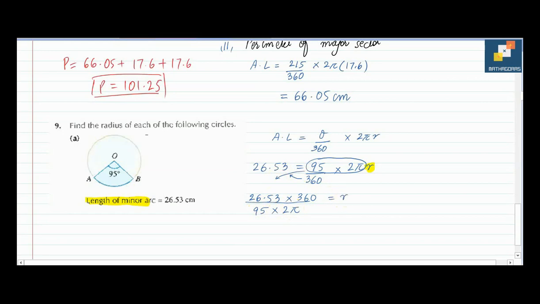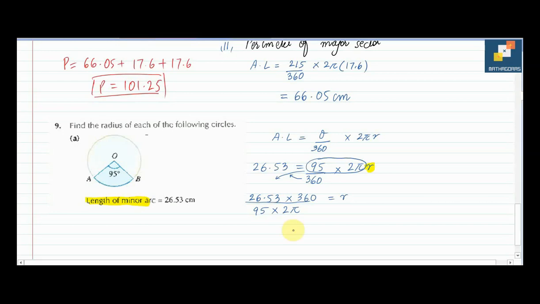Once you make r the subject of the equation, it will be very easy to solve. 26.53 multiplied by 360 divided by 95 divided by 2 and divided by pi.